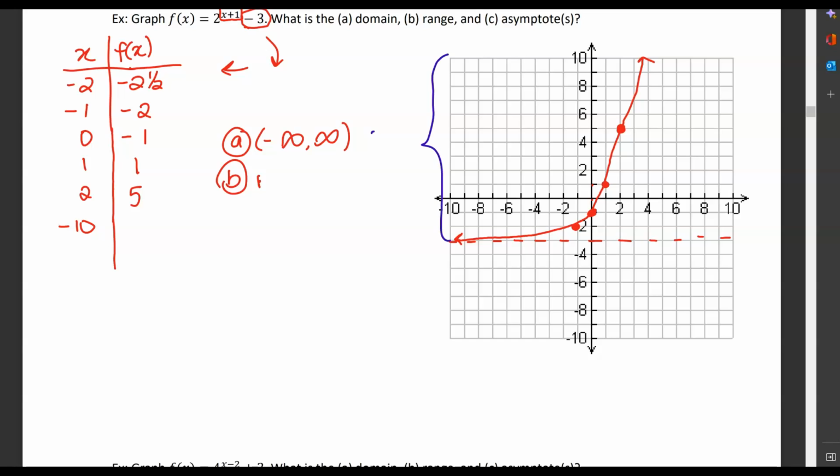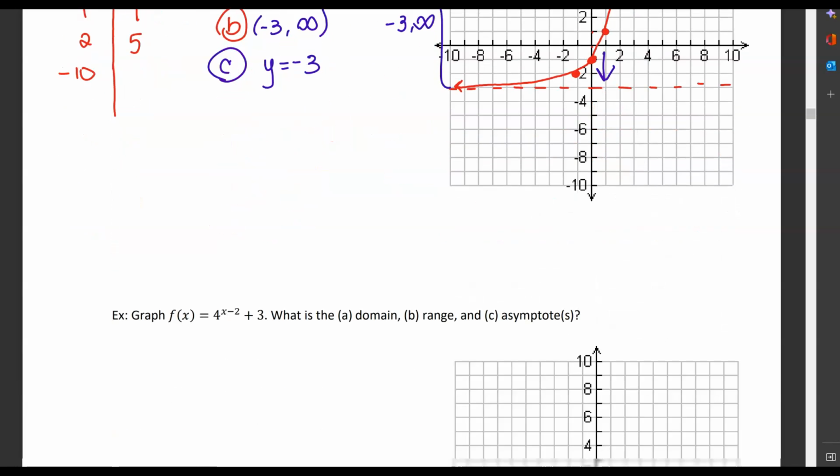So our range is going to go from -3 to infinity, but we're going to make sure that we open up that parenthesis because we're not including that -3. And lastly, C, we talked about how that horizontal asymptote is getting shifted downward 3, so we end up with y equals -3. And that's it for that problem.